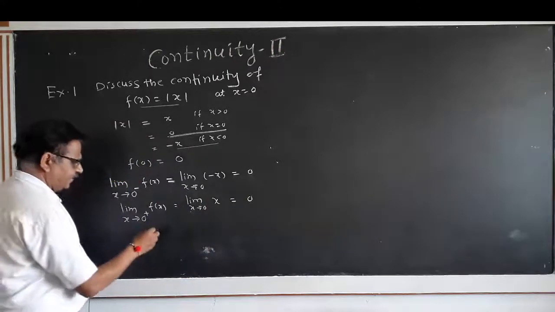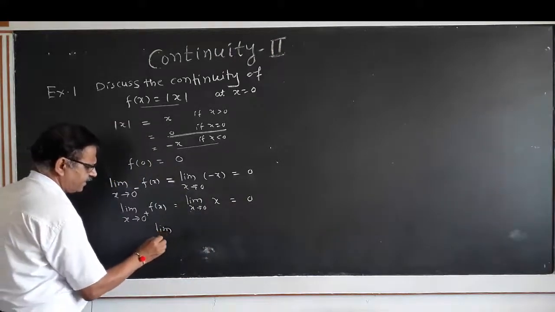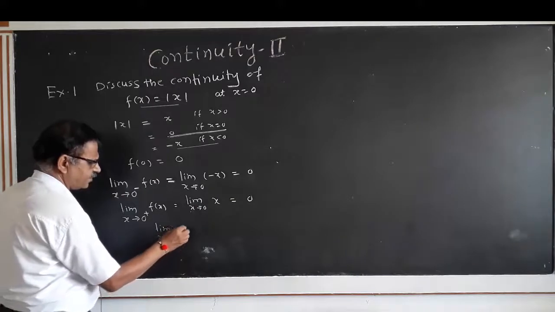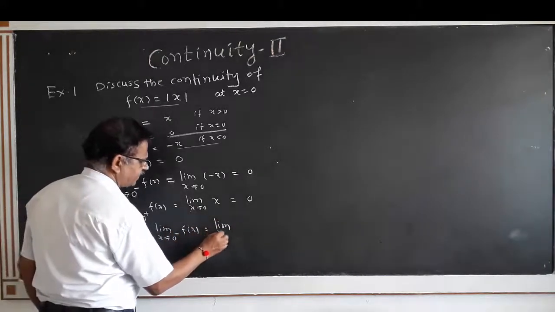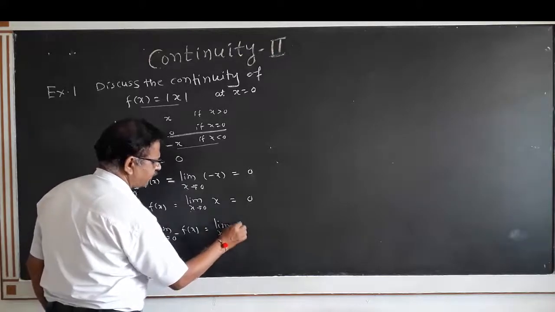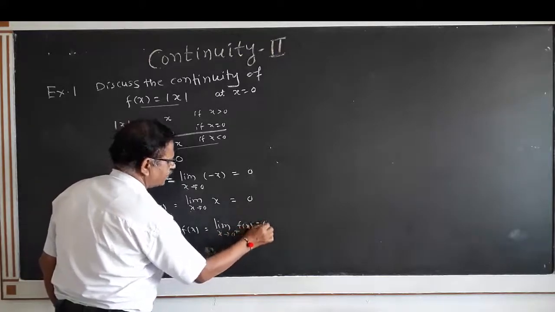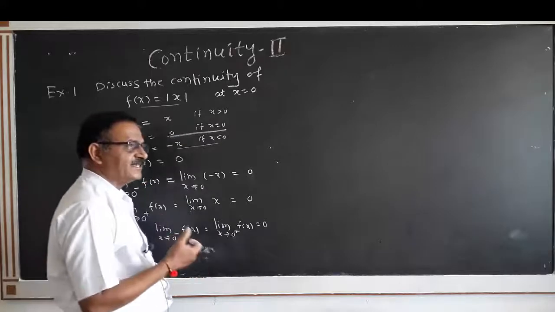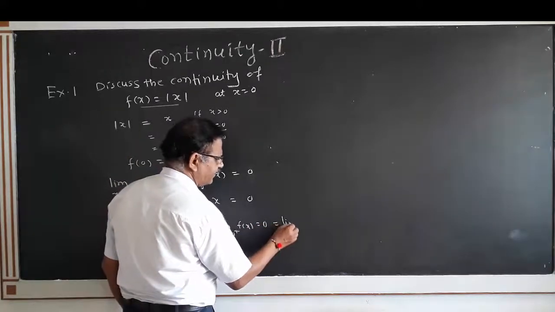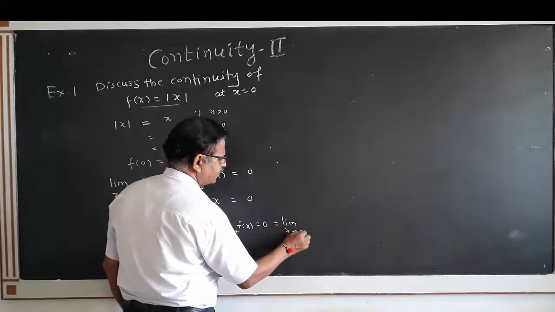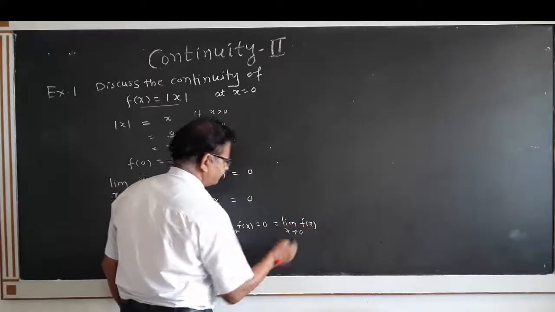Thus limit x tends to 0 minus of fx equal to limit x tends to 0 plus of fx equal to 0, and if both the limits are same, then we can say that it is nothing but limit x tends to 0 of fx, that is general limit.